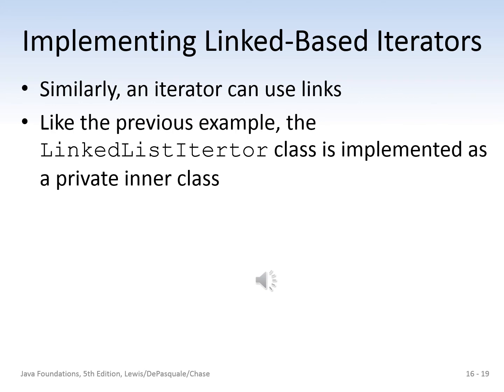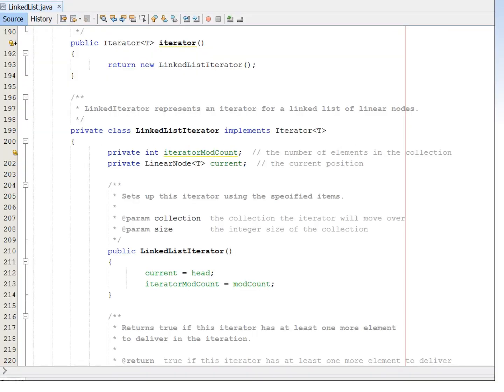And just like the array-based iterators, we can implement link-based iterators. We're going to show you a linked list iterator class implemented as a private inner class. Here I'm showing you the linked list class from the linked list example we covered in chapter 15.